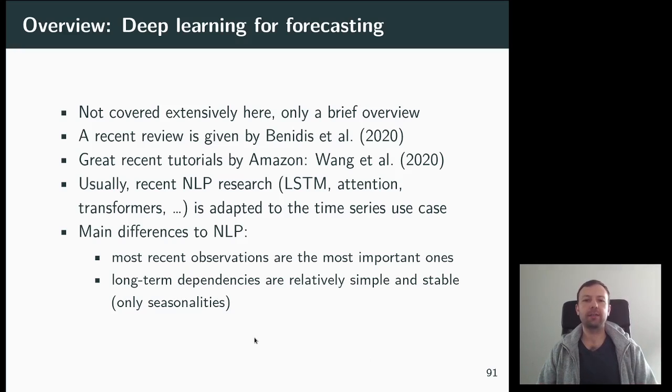And another thing is that long-term dependencies in forecasting are actually usually relatively simple and stable. It's normally just seasonalities and not really anything else. So very often these NLP models are actually a bit too complex and doing a bit too many things. So for example, attention, right? So people often use a lot of attention in their models.